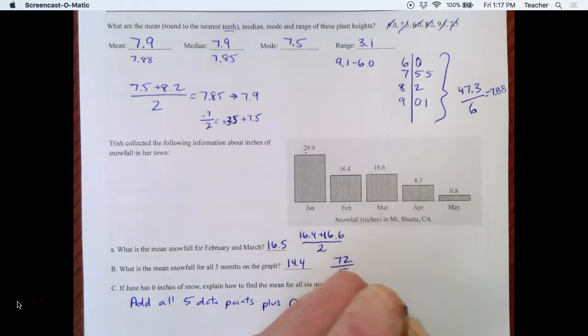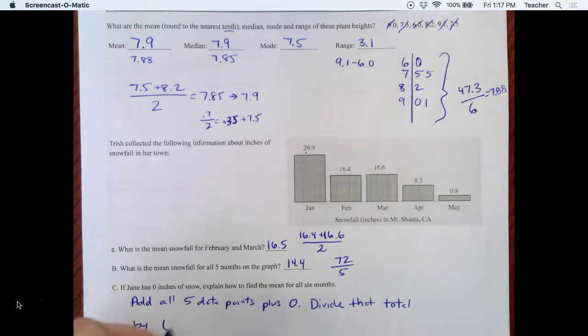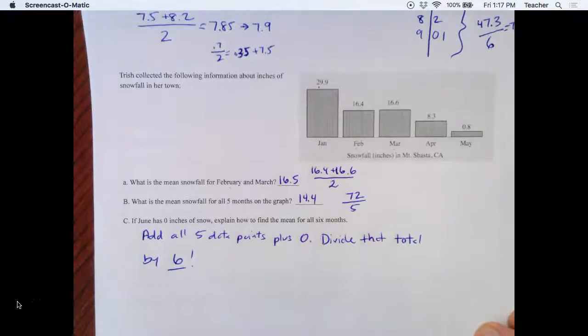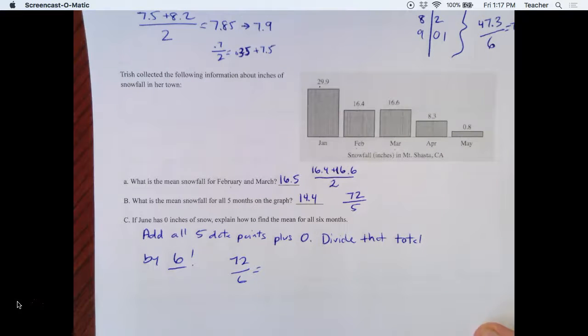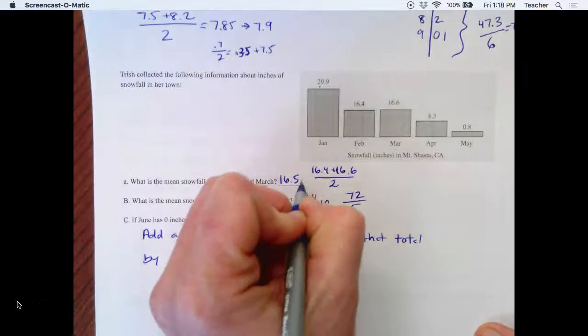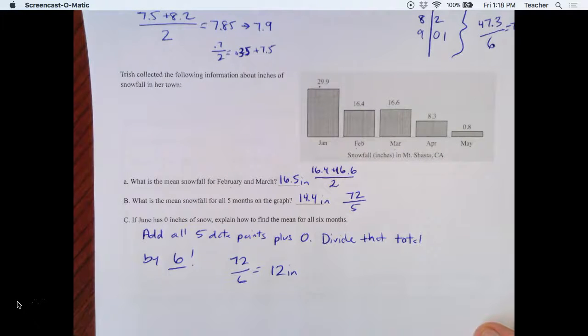Then you need to divide that total by 6, because now we're looking at 6 months worth of data, which is going to significantly reduce the mean snowfall. So if you divide 72 by 6, the mean snowfall for 6 months is going to be 12 inches versus the 14.4 inches. Okay. All right, that's that.